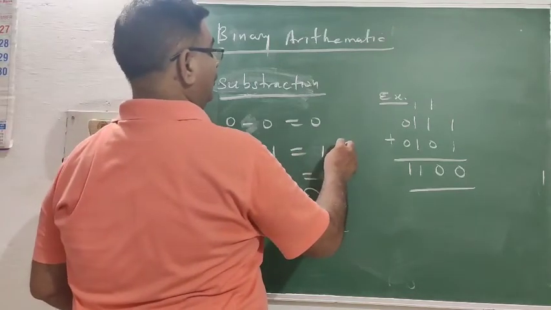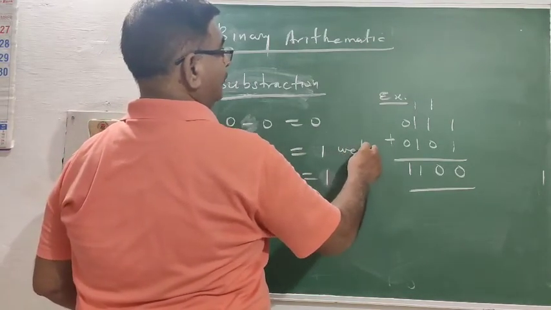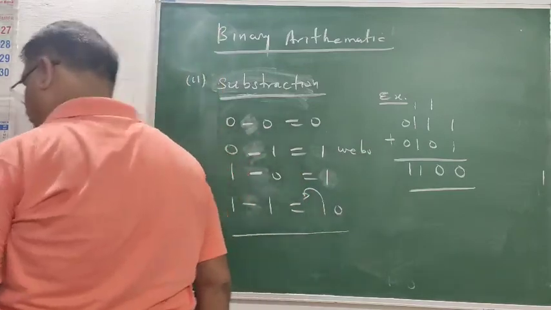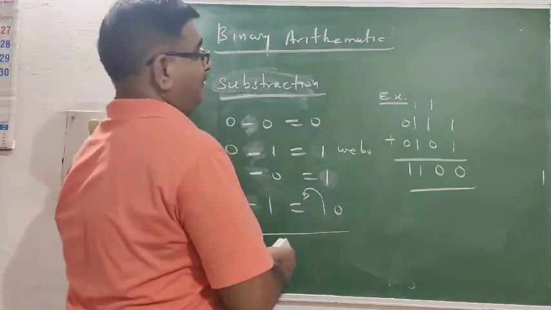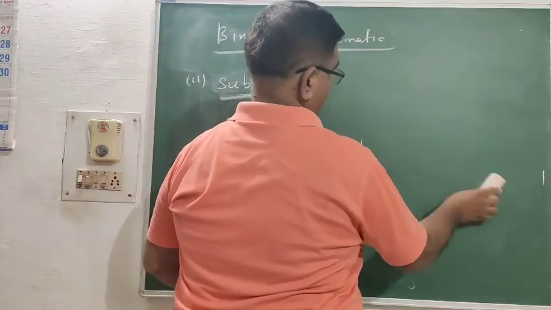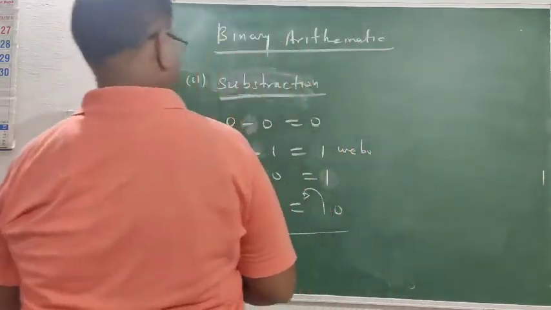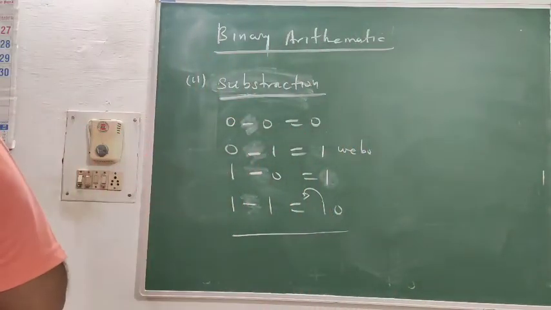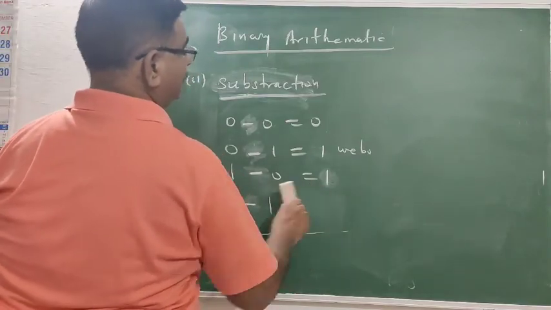What do you borrow? हमको borrow करना होगा 1 from the left digit. One minus 1 is 0.